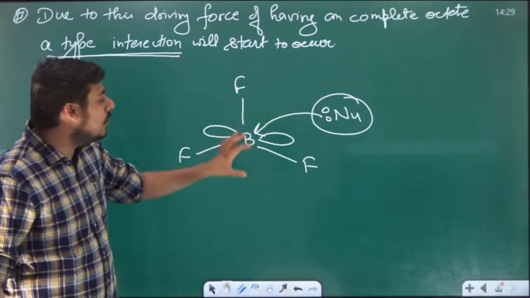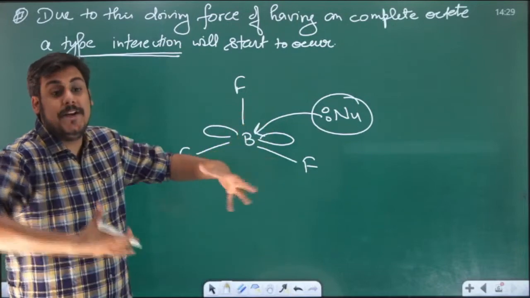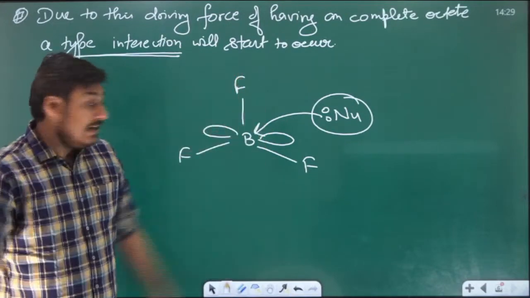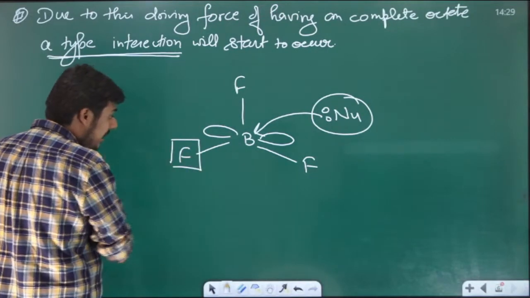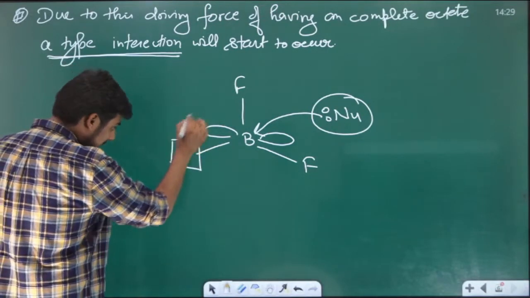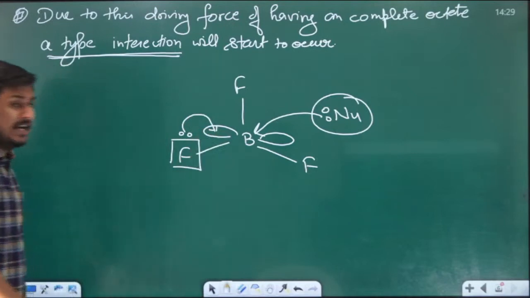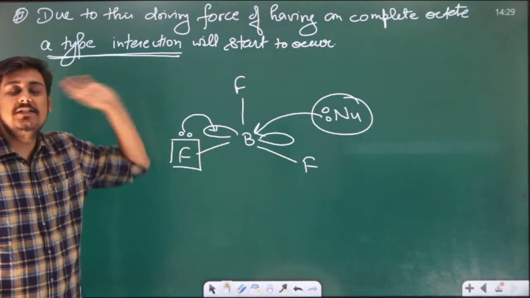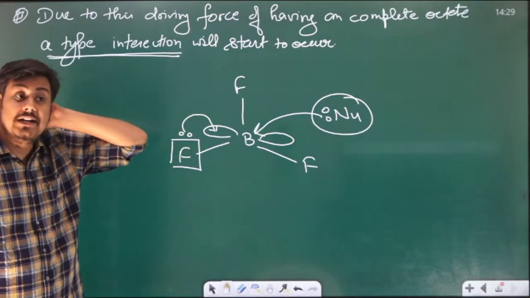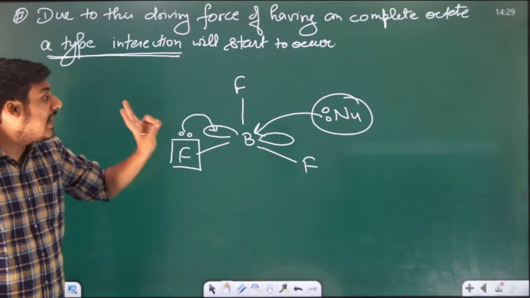In that scenario also it will have electron density, it will feel that its octet is getting complete. The other way is that those atoms which are surrounding boron, if they can donate electron density to this boron atom, then also boron will feel that its octet is slightly completed. So there are two choices.